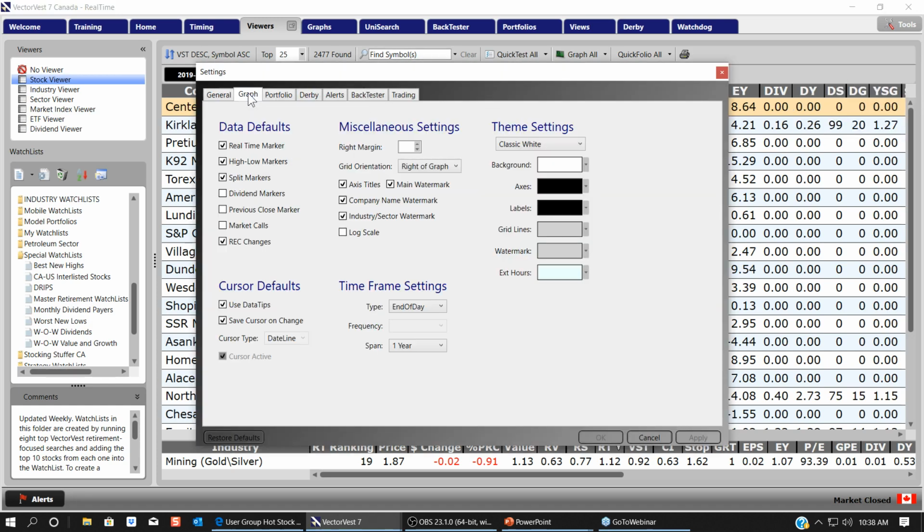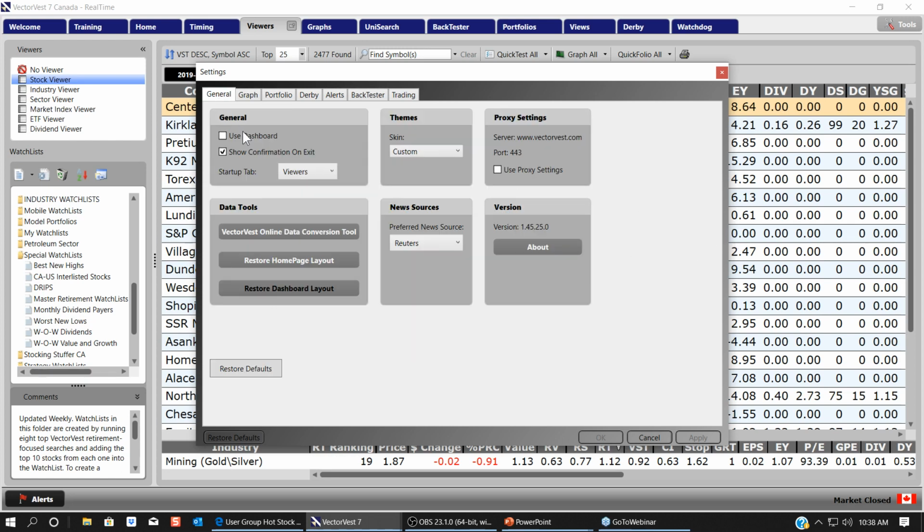So I can go to the Graphs tab, and you can see here I can change the theme to VectorVest Black just on the graph, or I can go to the General tab and change all of my scheme from custom to VectorVest 7. Okay, classic is the white. All right.